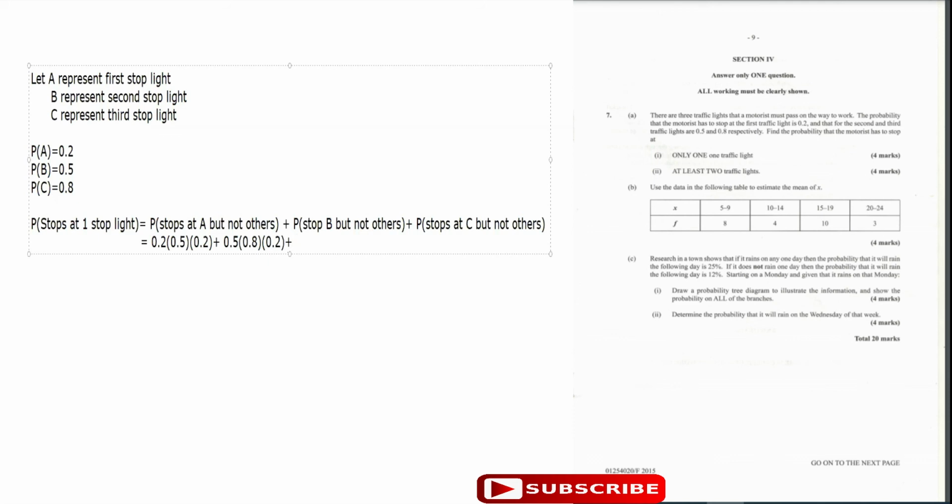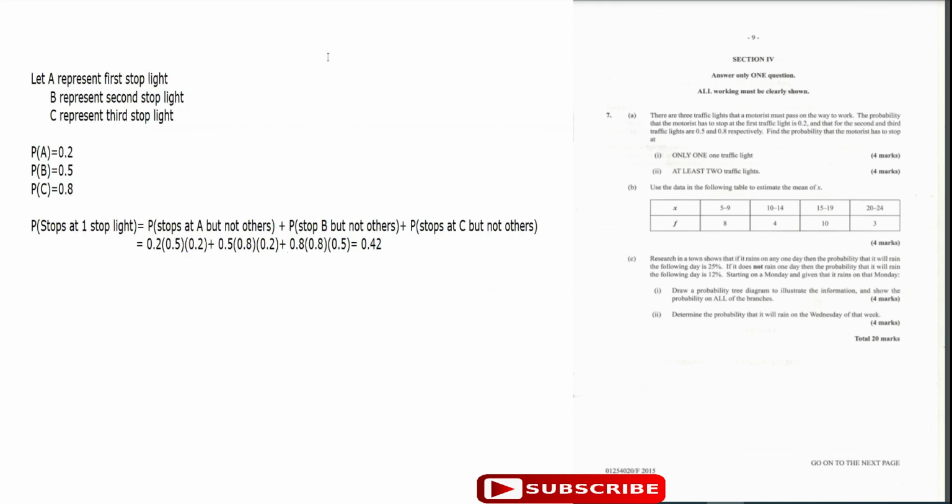Plus the probability he stops at C is 0.8, times if he didn't stop at A is 0.8, times if he didn't stop at B is 0.5. So that's 0.2 times 0.5 times 0.2, plus 0.5 times 0.8 times 0.2, plus 0.8 times 0.8 times 0.5, which is 0.42. So there's a 42% chance he stops at only one stoplight. So that's part one.